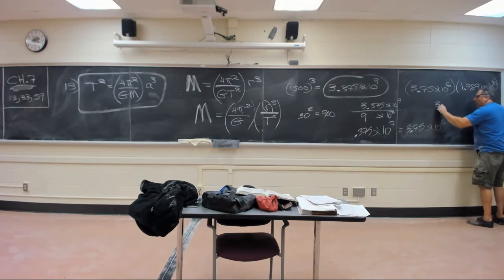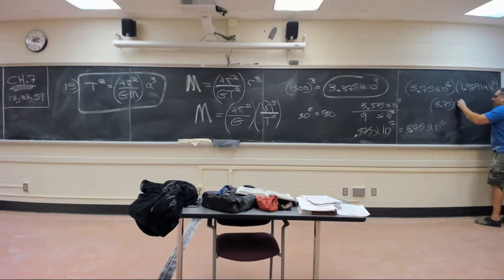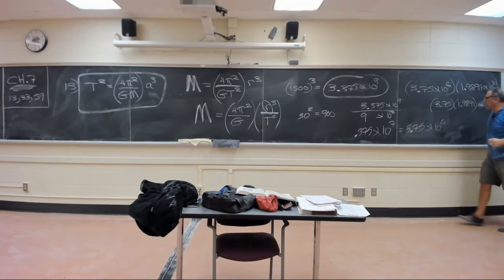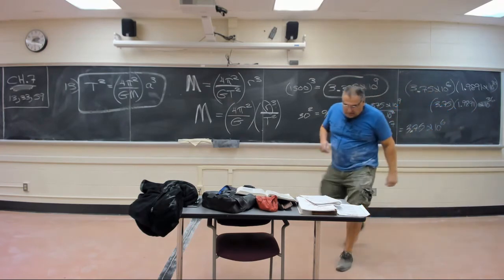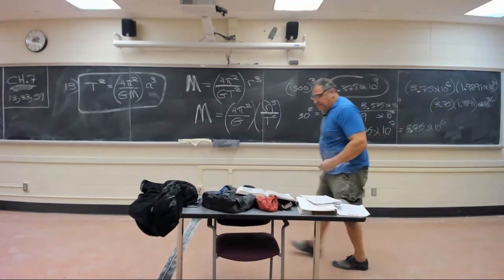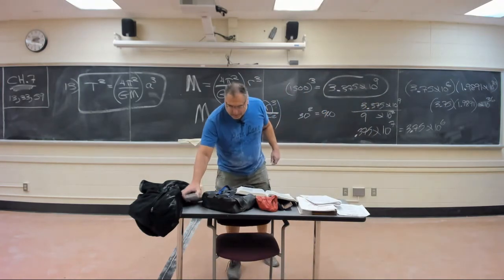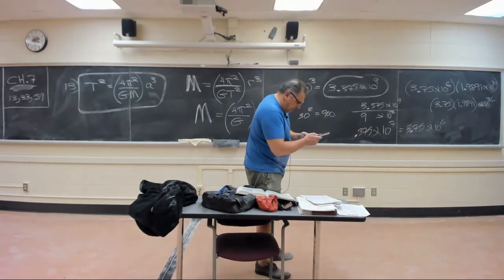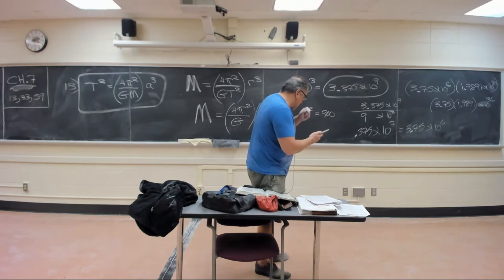We got 3.75 times 1.9891 times 10 to the 36. Yeah, for real. It goes about there. It's going to be a little bit different than the answer I gave. That's all right, though.